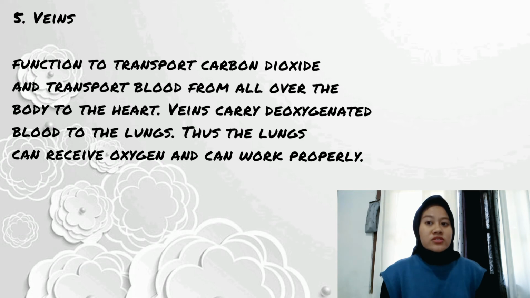The last is veins, which function to transport carbon dioxide and transport blood from all over the body to the heart. Veins carry deoxygenated blood to the lungs. Thus the lungs can receive oxygen and can work properly.